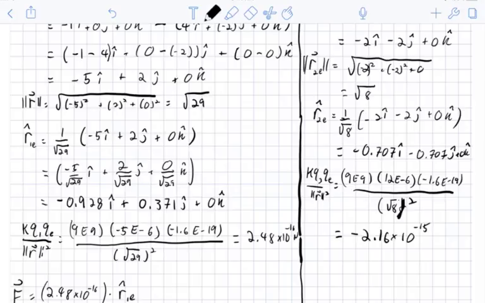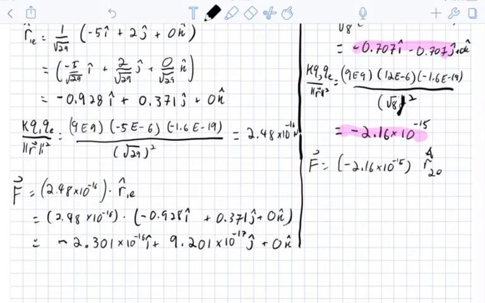And now I'm going to multiply these two together. Minus 2.16 times 10 to the minus 15 times our hat 2e. So it's going to equal minus 0.707.